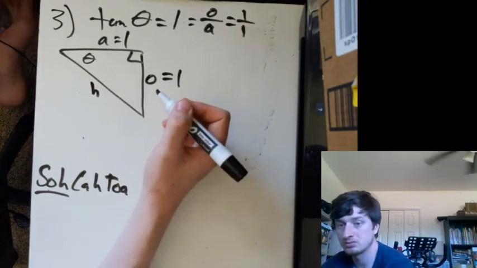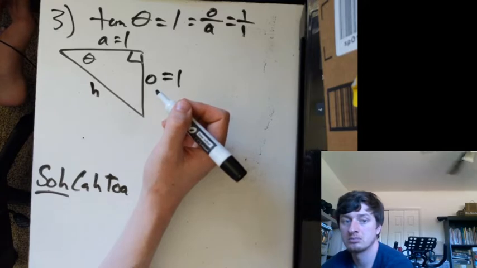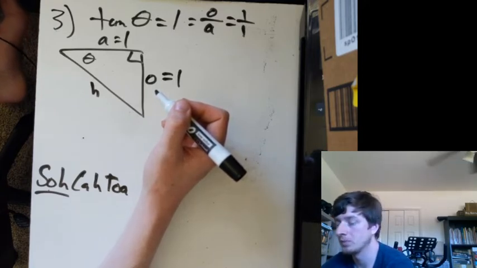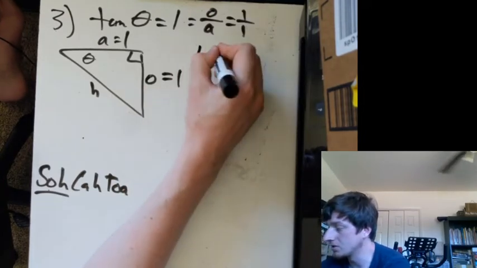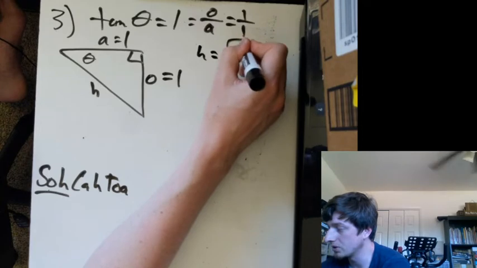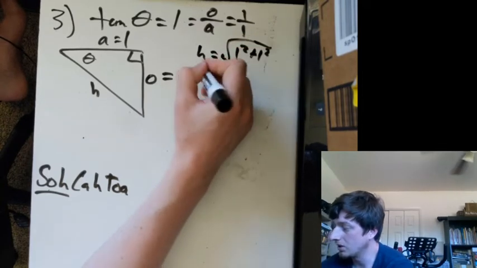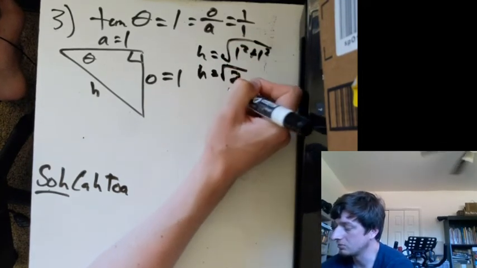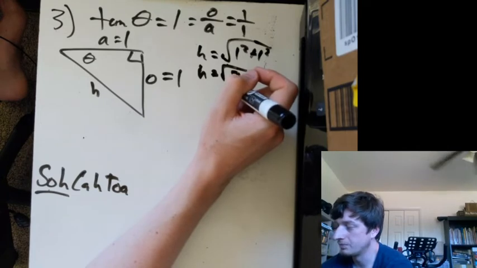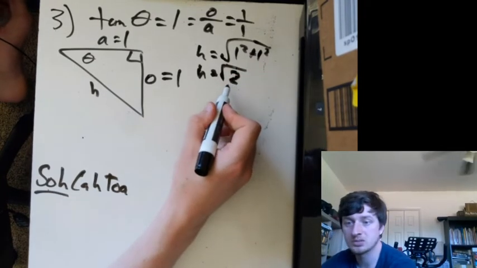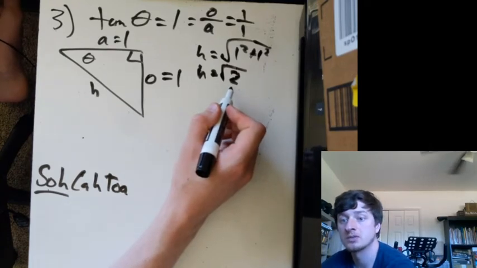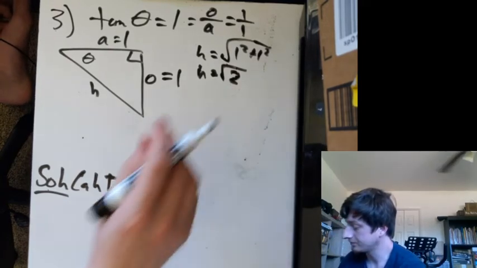So we're going to find h. H is the square root of 1 squared plus 1 squared, so h is the square root of 2. I'm going to leave it like that. I could write this as a decimal and plug it in the calculator, but I'm just going to leave it like this.